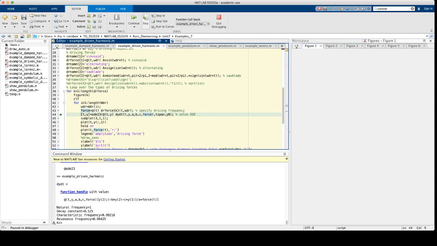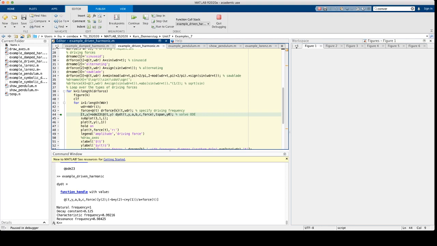And then we call the solver ODE23. Again, we have to convert this handle, which depends on t, y, A, B, C, and the driving force, to a handle which depends only on t and y. This handle is anonymous.